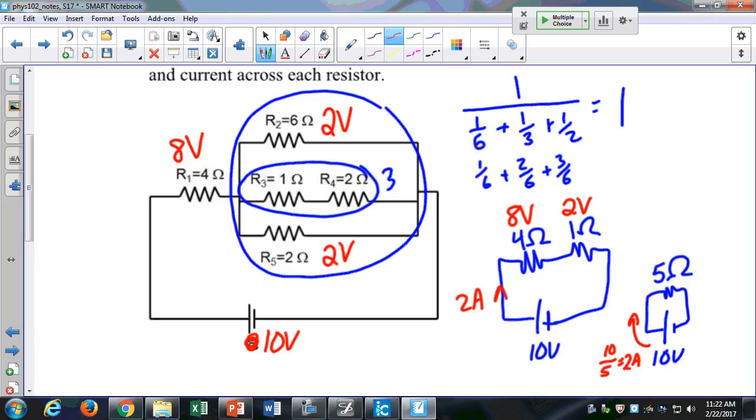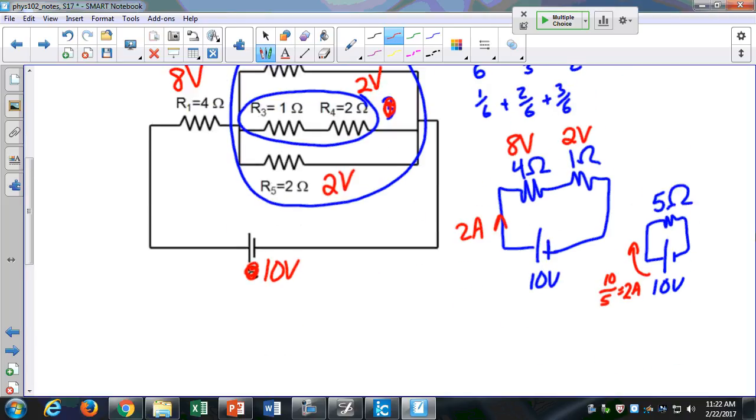Now I need to deal with this thing right here, because I know that between these two I have 2 volts. But they split it up, and it's not a nice even split. Like if it was 3 volts, then I could just say 1 volt and 2 volts, but it's not that simple. There's a fraction involved. So I got 2 volts across these 2 resistors.